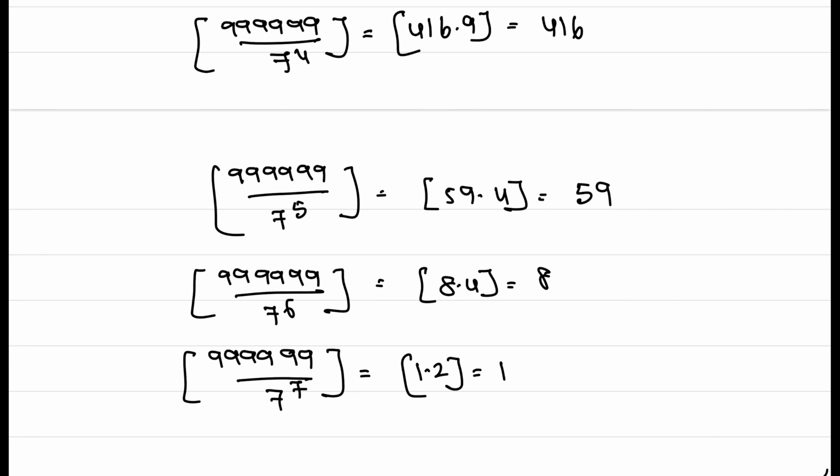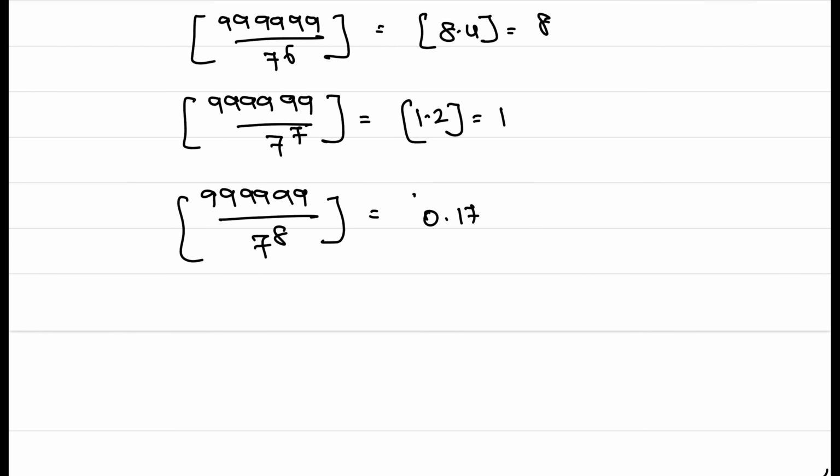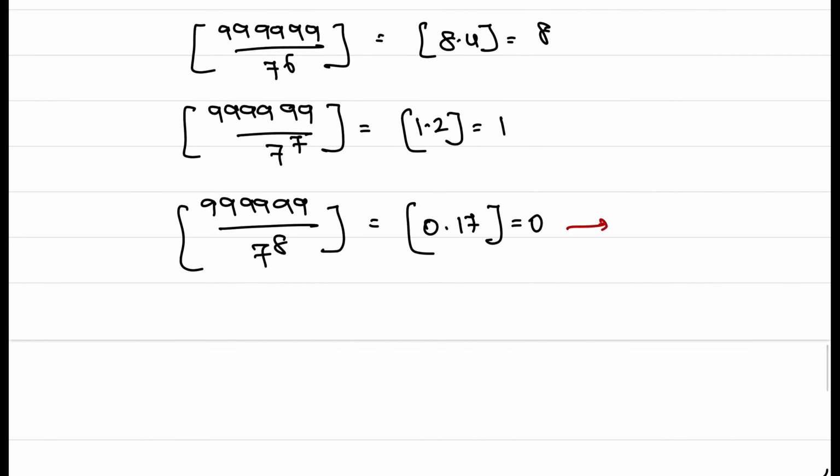Greatest integer is equal to 1. Then 999999 by 7 to the power of 8 is equal to 0.17, that is equal to 0. Here you stop the iteration.